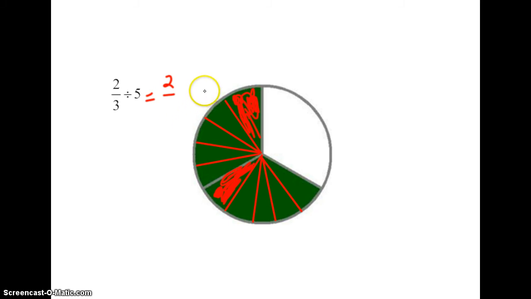If you recall, we divided one section by 5, another section by 5, and by default, this section would need to be divided by 5 as well. So now we have a new denominator of 5, 10, 15. So 2/3 divided by 5 is 2/15.